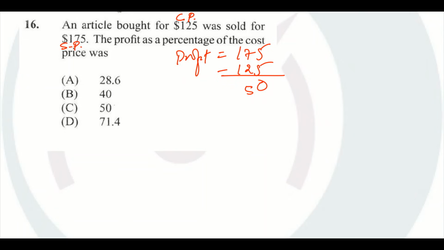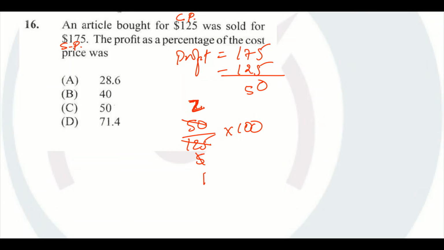And the profit now as a percentage of the cost price, and this was the reason why I had highlighted the cost price, is going to be 50 over 125 times 100. So 25 into 50 goes 2 times, and 25 into 125 goes 5 times.